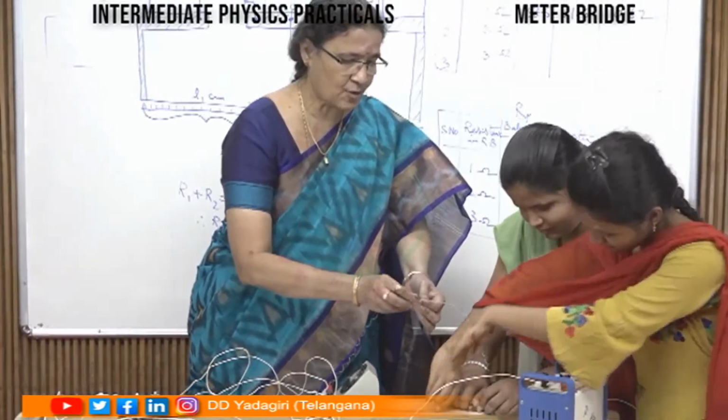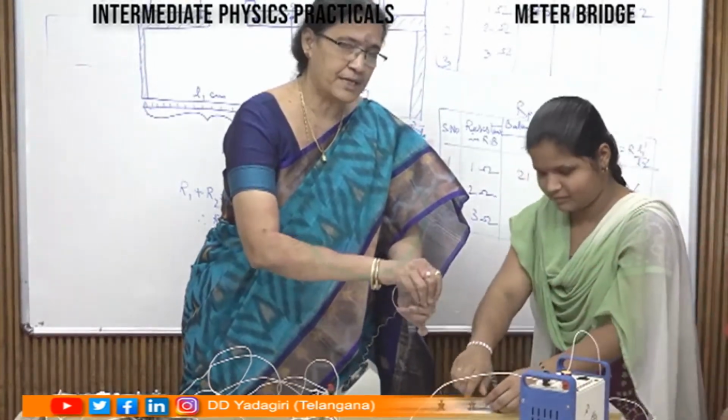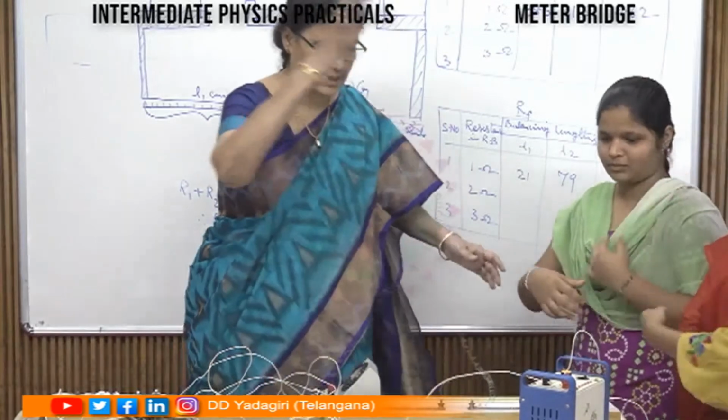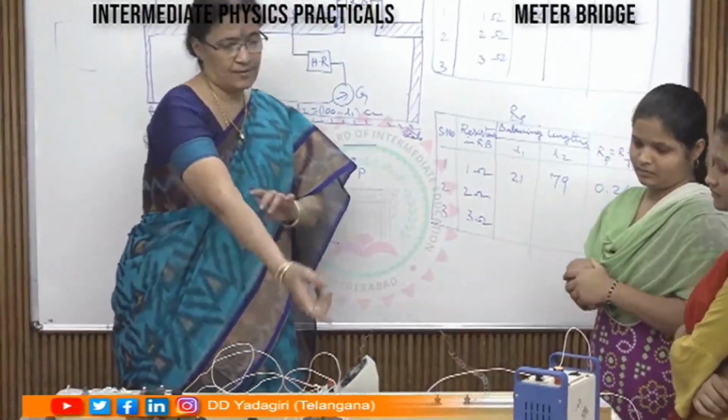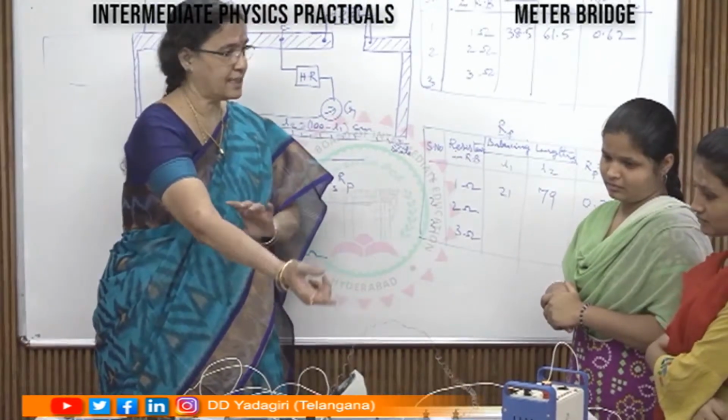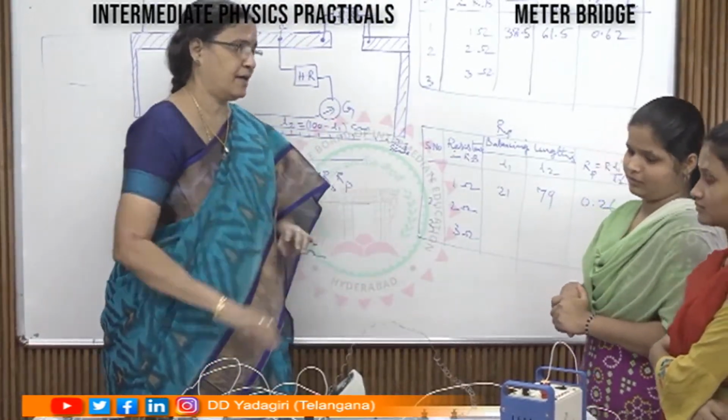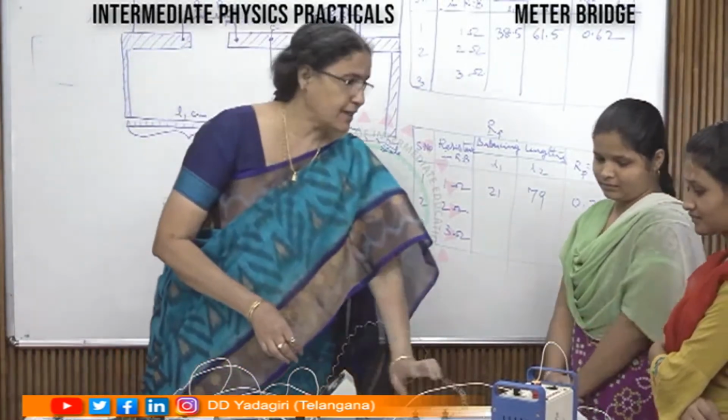So what do we call this combination? This combination we are going to call the series combination. The wires are connected. The starting point of the second wire is connected to the end of the first wire, and those two are connected here.